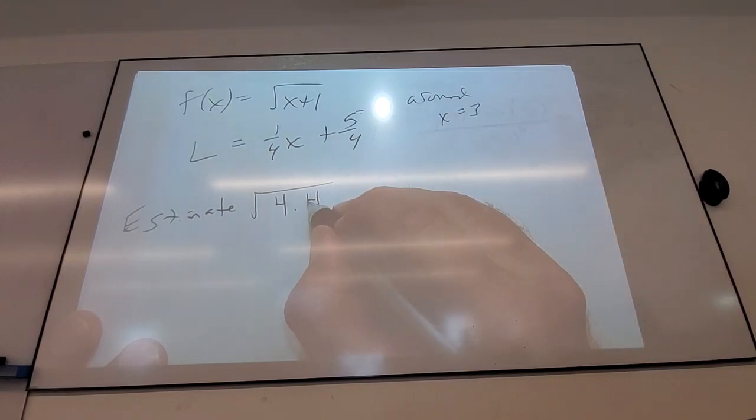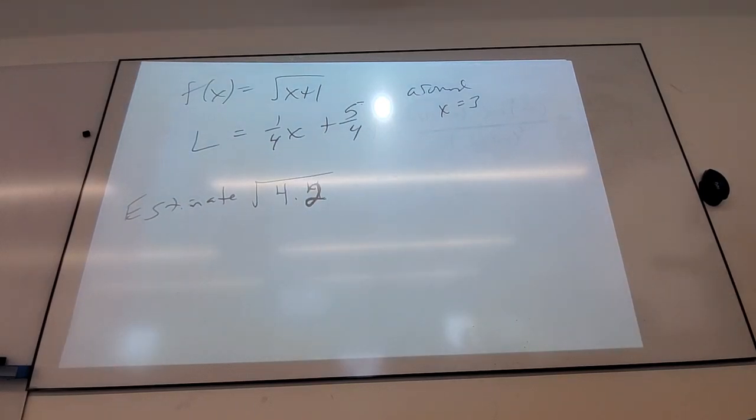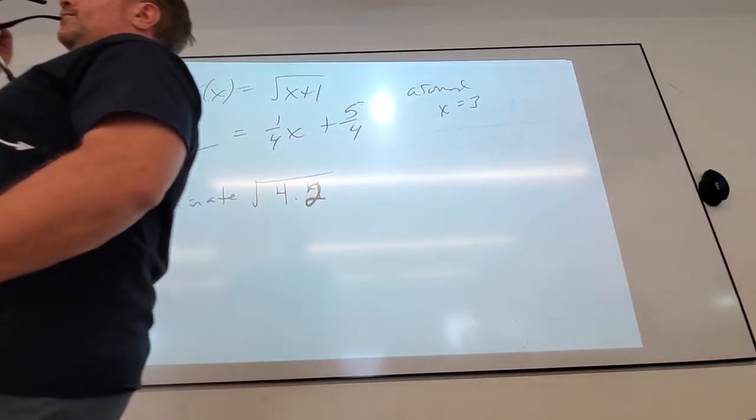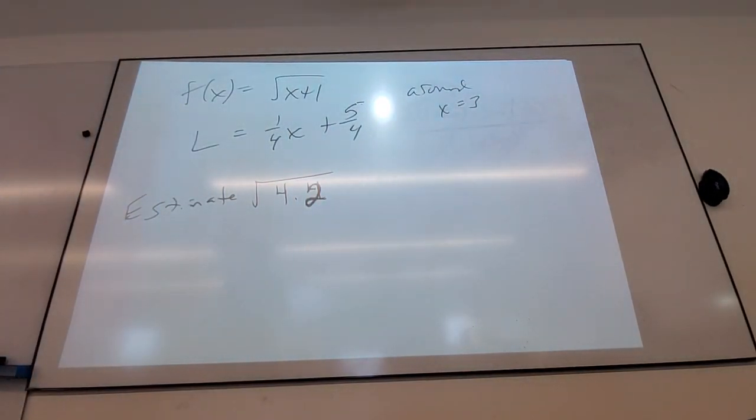Yeah, 4.2, there we go. I want to estimate the square root of 4.2. Do I plug 4.2 in? No, because what was my function?